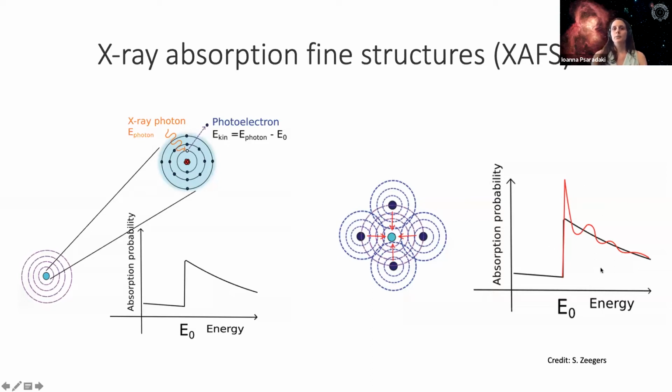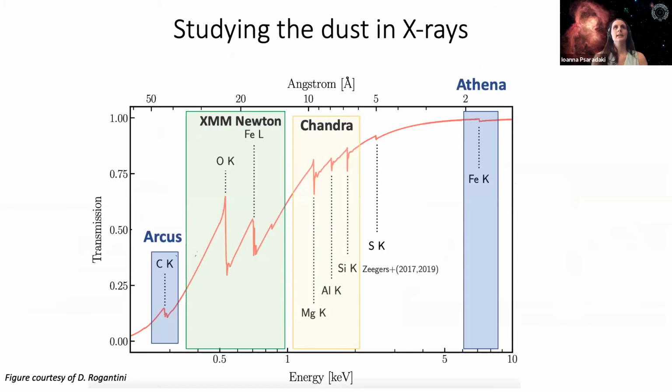Around the photoabsorption edge, we will get this pattern, as you can see, which are called the X-ray absorption fine structures. These are basically the fingerprints of dust that we study from the X-rays. The shape of these features reveals what the chemistry of interstellar dust is.